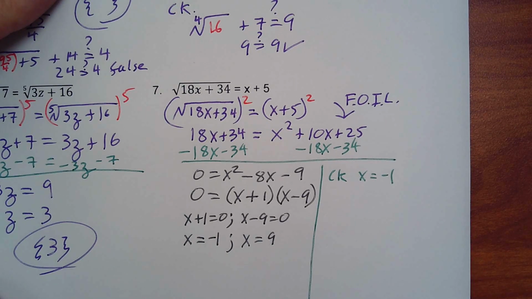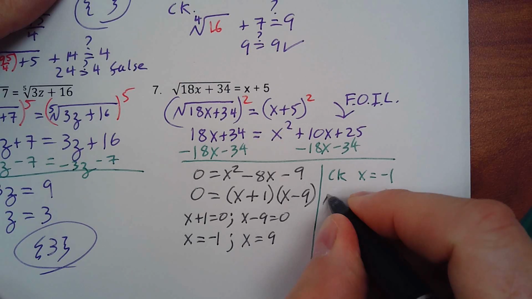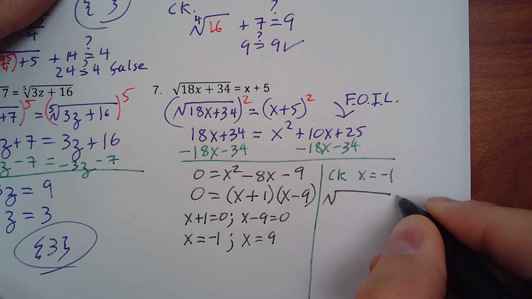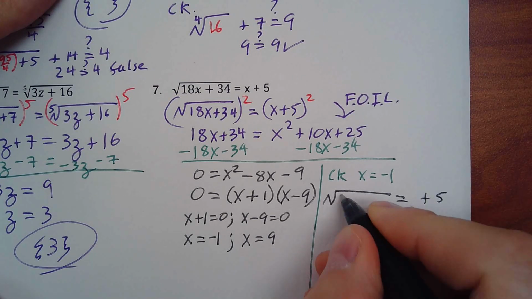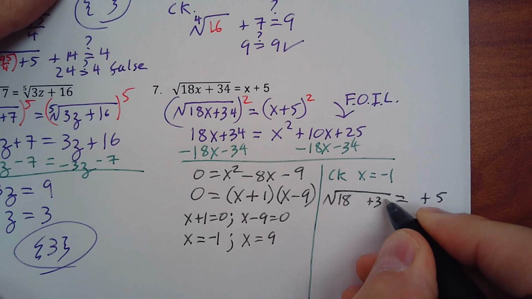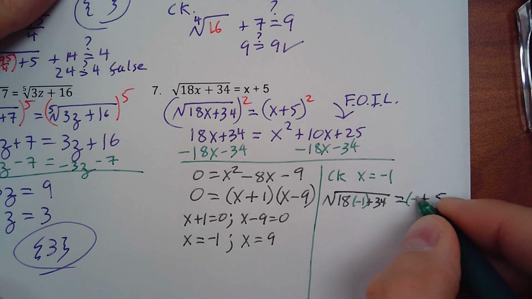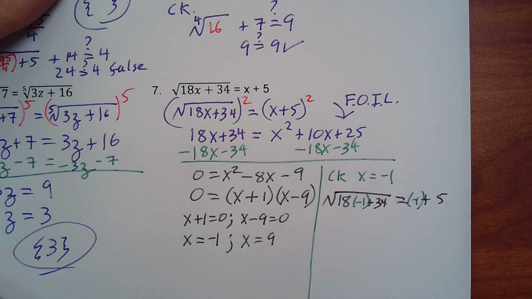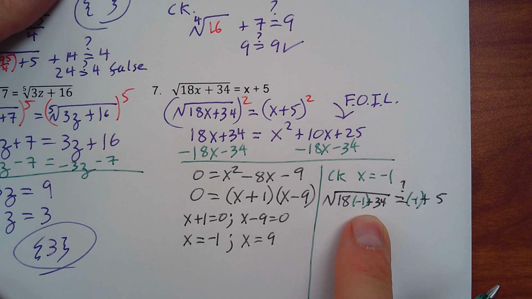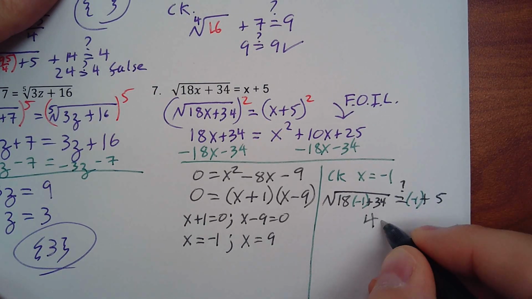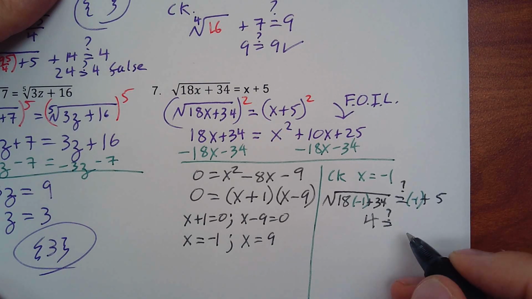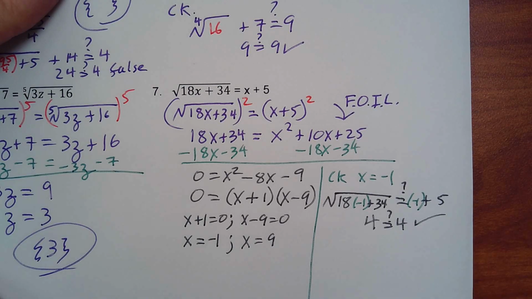I'm going to go back to my original equation and plug in that negative 1. Well, that's a negative 18 plus 34 is 16. Square root of 16 is 4. Negative 1 plus 5 is 4. So that first one checks.